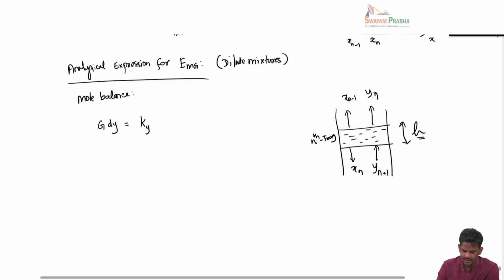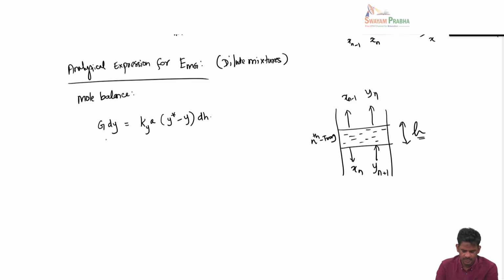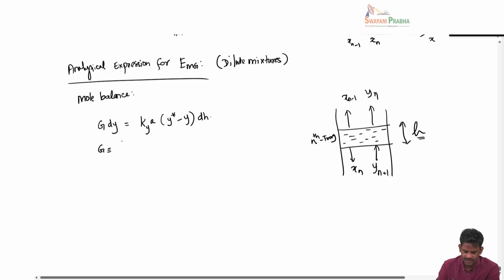Ky a (y star minus y) dH, where G is the mass velocity, the molar flux, moles per unit area per unit time.